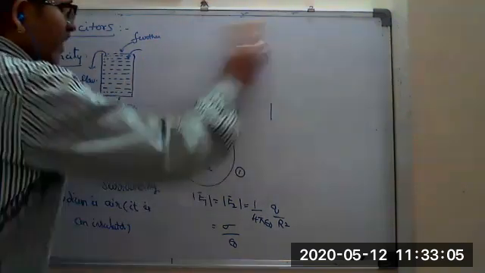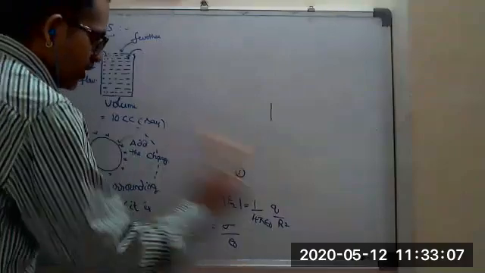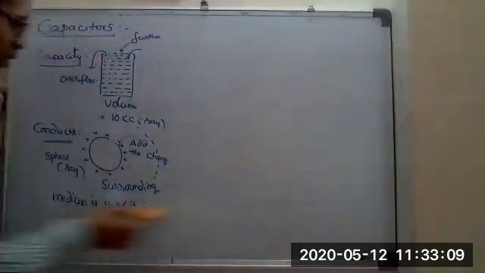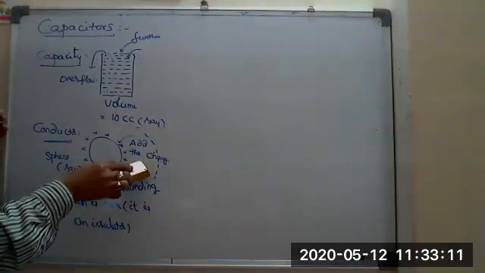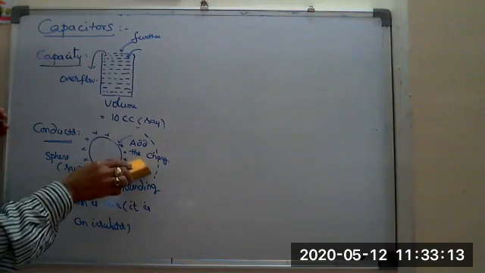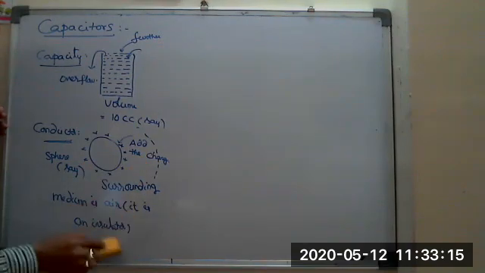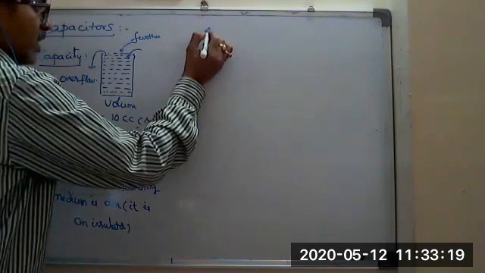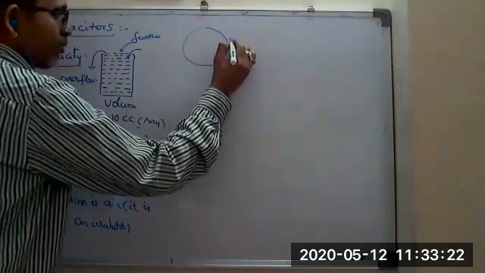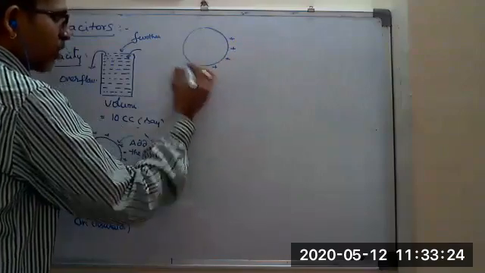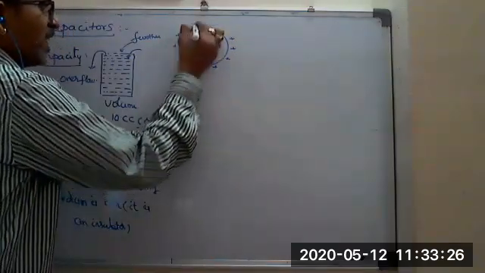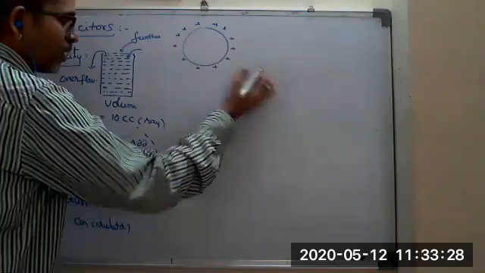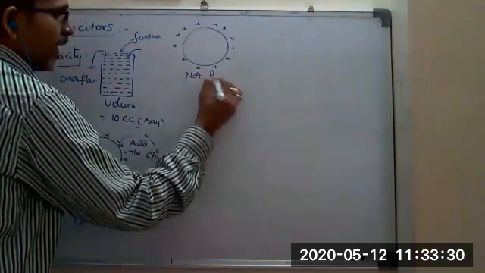even though, after giving some amount of charge to the conductor, it is trying to give the charge to the surrounding medium, the medium is not taking it. That's why the charge on the surface is not overflowing, not leaking into the air.